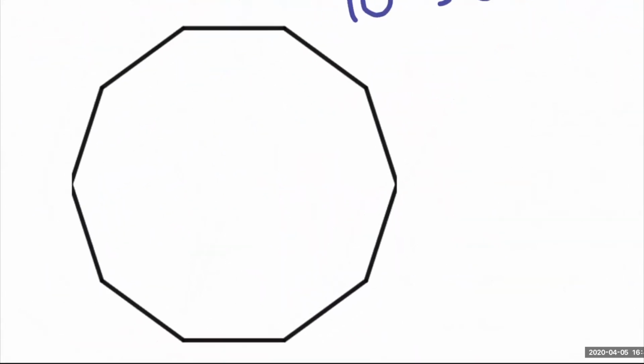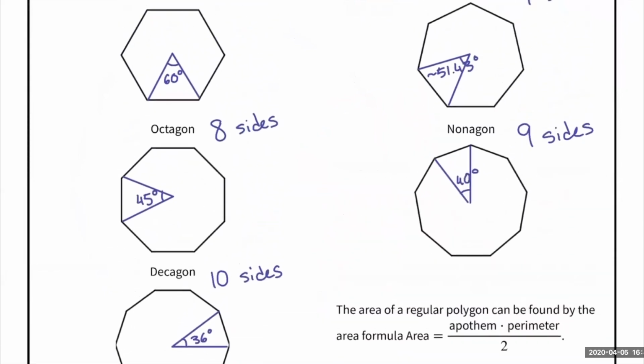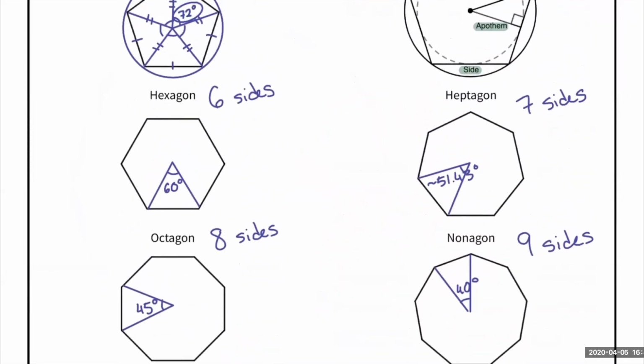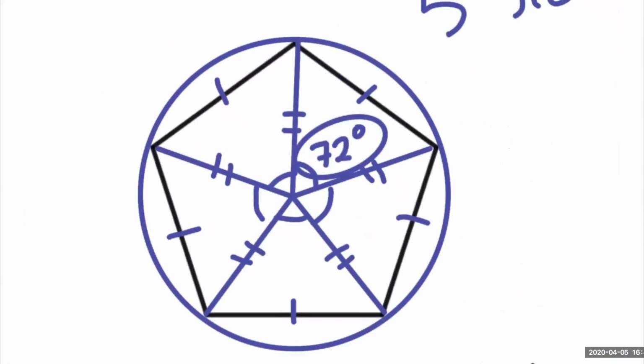And then 360 divided by 10, giving us 36 degrees. So again, you can memorize the central angle measures if you want, but really when it comes down to it, you can just take 360, divide by the number of sides, and use that central angle as needed.